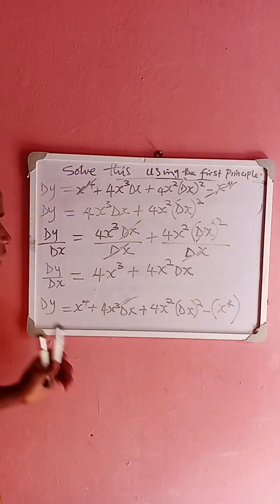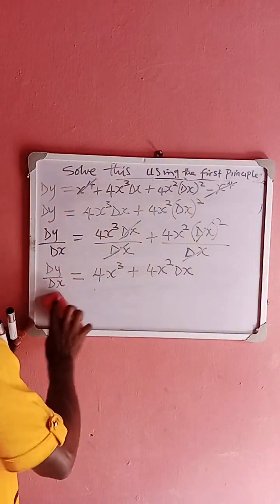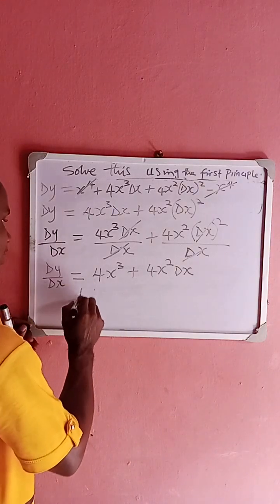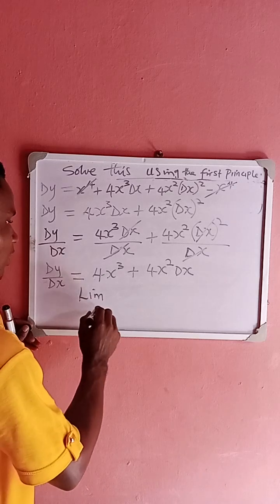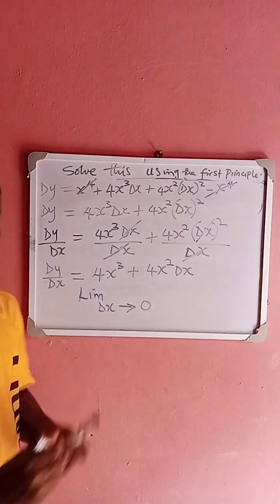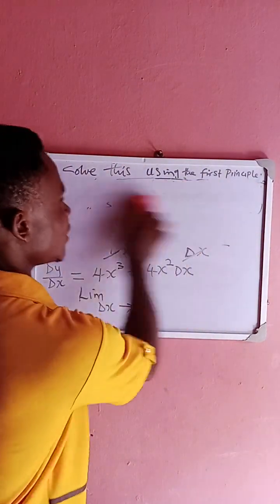Then from here now, we go to the last step. And the last step said we should limit the value of change in x tends to 0. He said limit change in x tends to what? 0. Limiting change in x to 0 now, what do we have from that place?